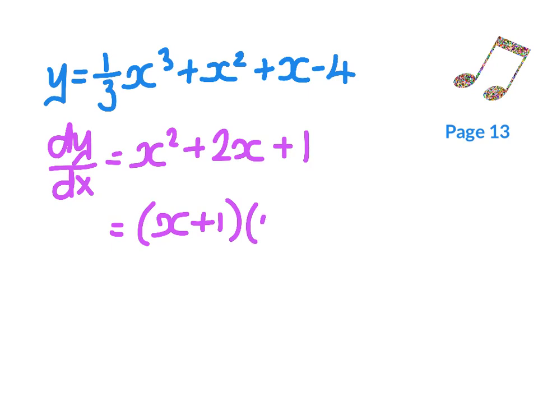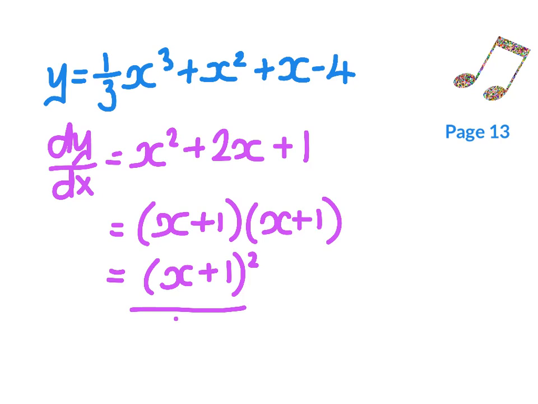And I see now that I get x plus 1 times x plus 1, which I could also say is x plus 1 squared. If I have any expression squared, the answer can never be a negative number, because even a negative number squared becomes positive. So the smallest value this could ever be is 0.